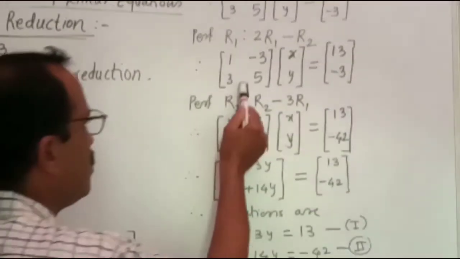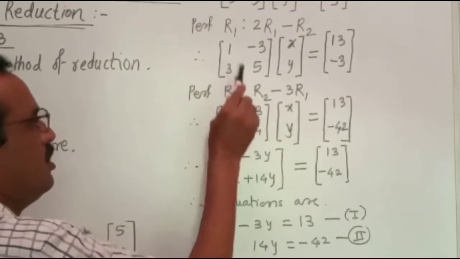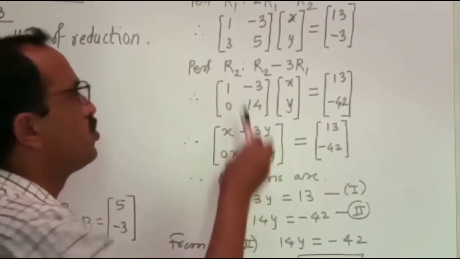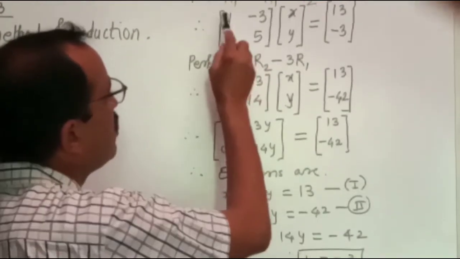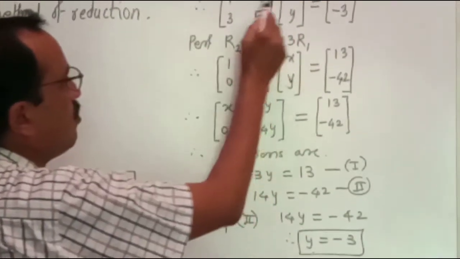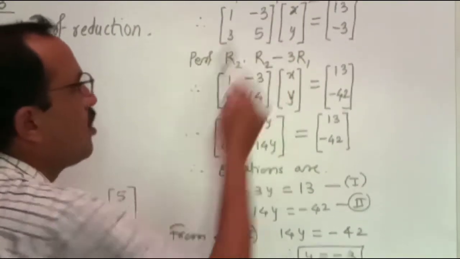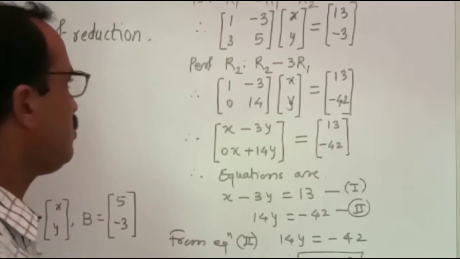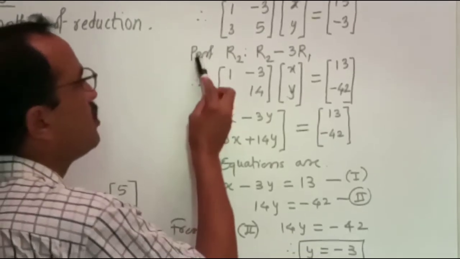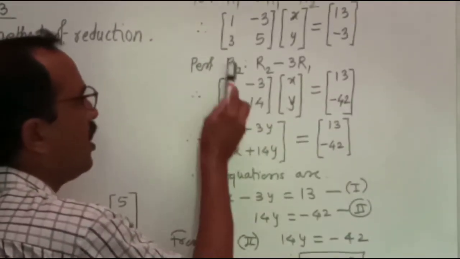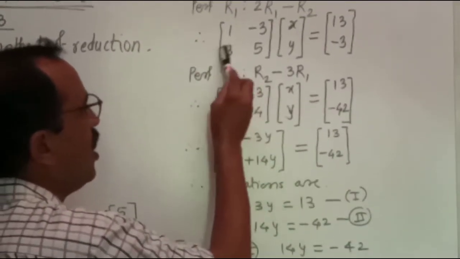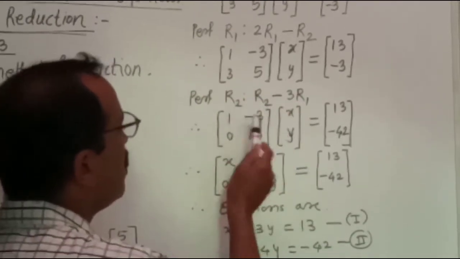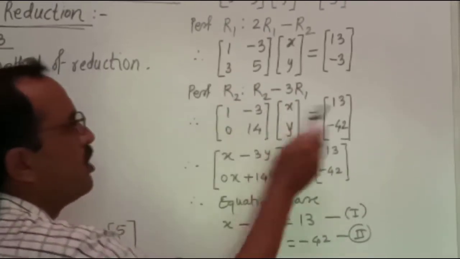Now we convert this element 3 into 0 easily. We know that 3 minus 3 is 0. So if we multiply this R1 by 3 and then subtract from R2, then we get 0 here. So I write the transformation performing R2 by R2 such that R2 minus 3R1. So here R2 is changed, R1 becomes the same.